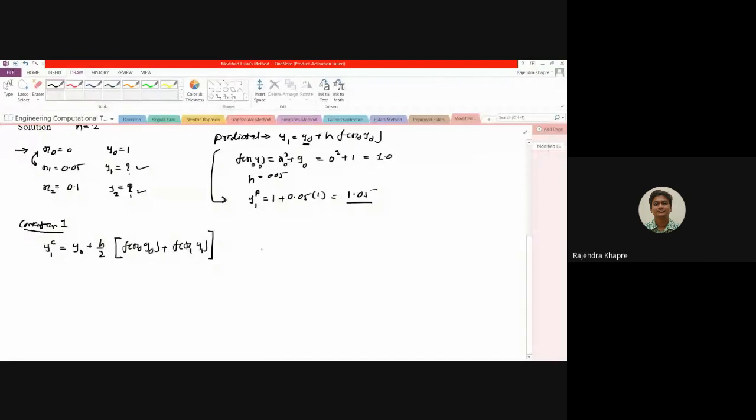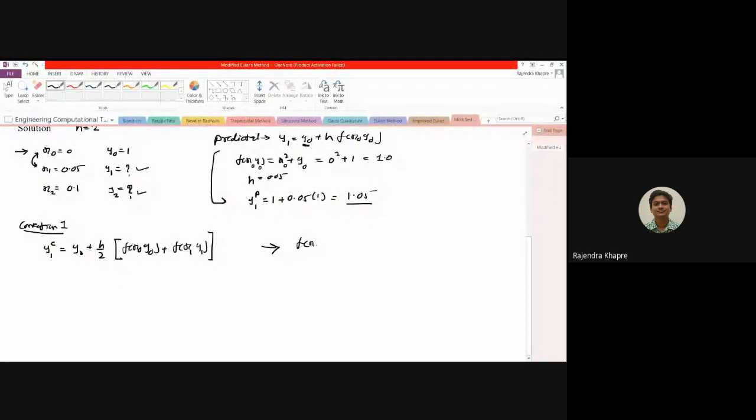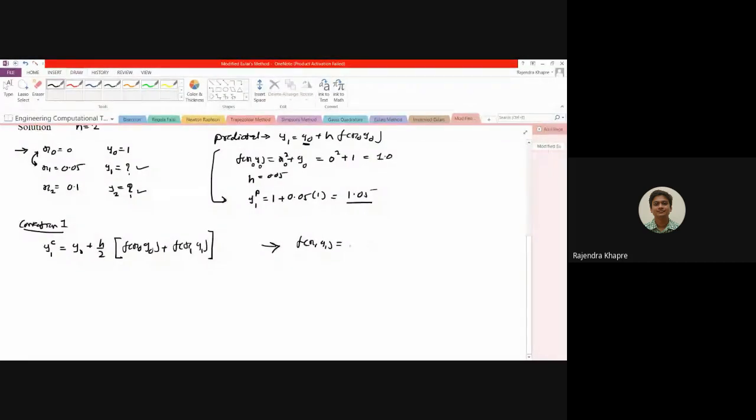In this equation we know everything except f of x1 and y1. f of x1 and y1 is nothing but x square plus y, where in place of x you will have x1, and in place of y you will have y1.